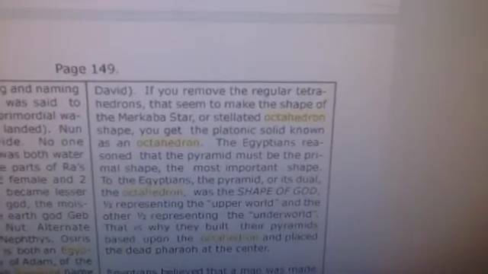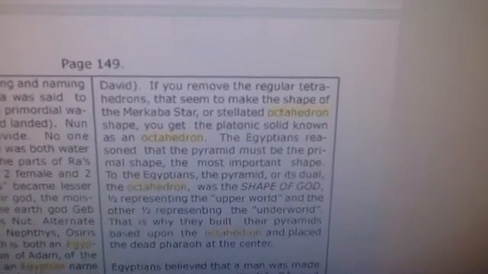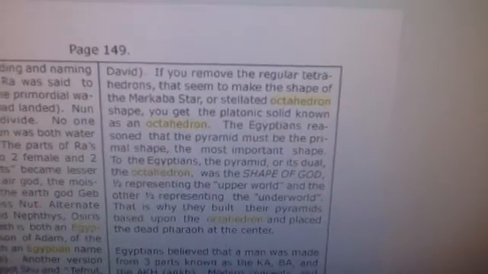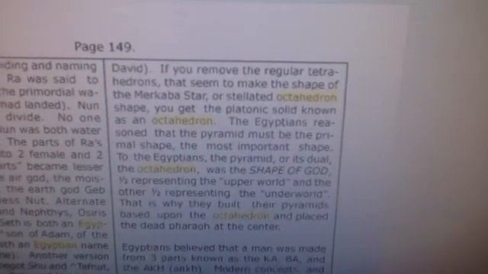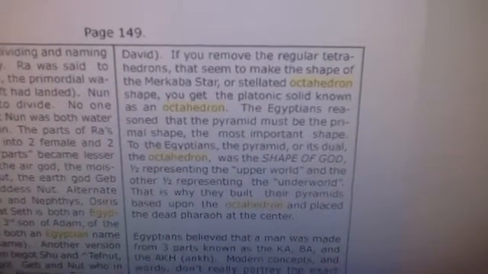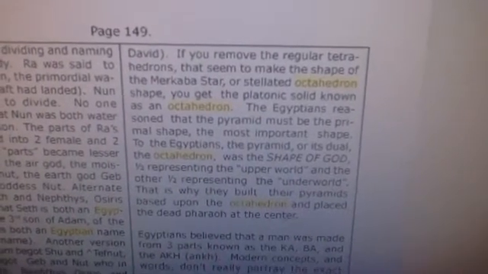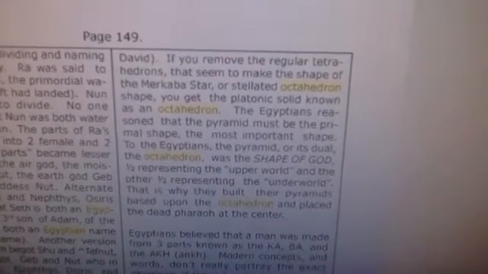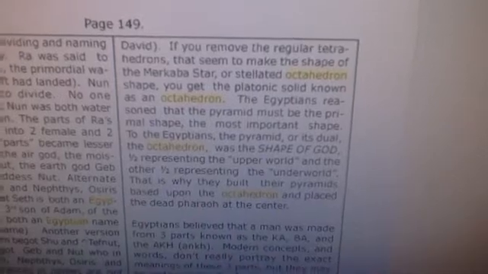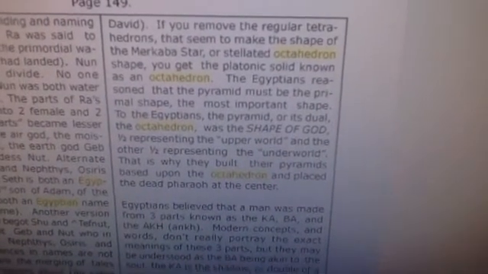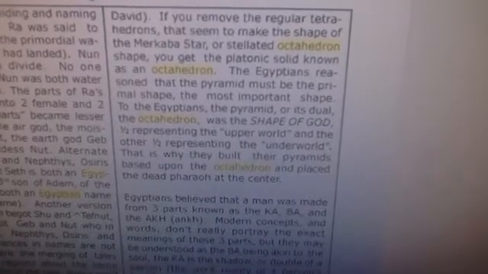of David. If you remove the regular tetrahedron that seems to make the shape of the Merkabah star, or stellated octahedron shape, you get the platonic solid known as an octahedron. The Egyptians reasoned that the pyramid must be the primal shape, the most important shape.